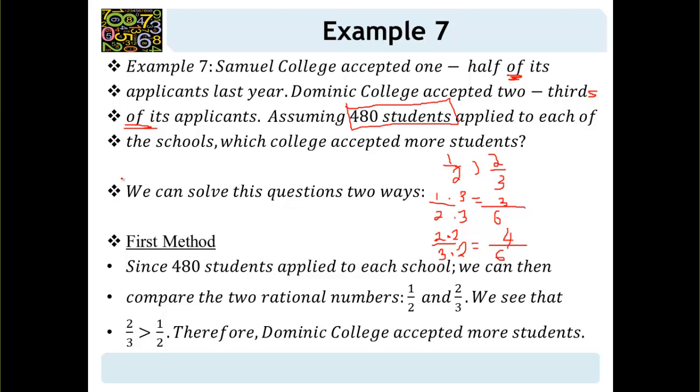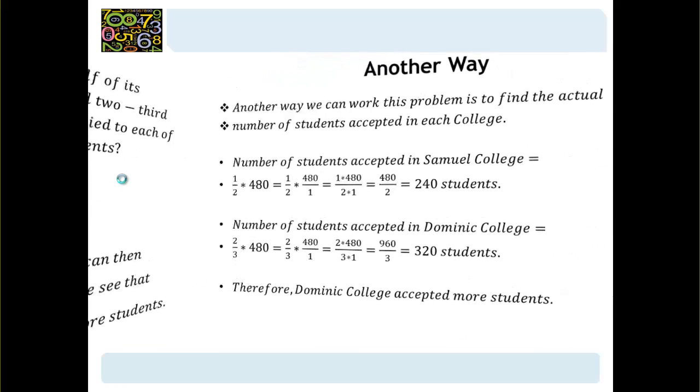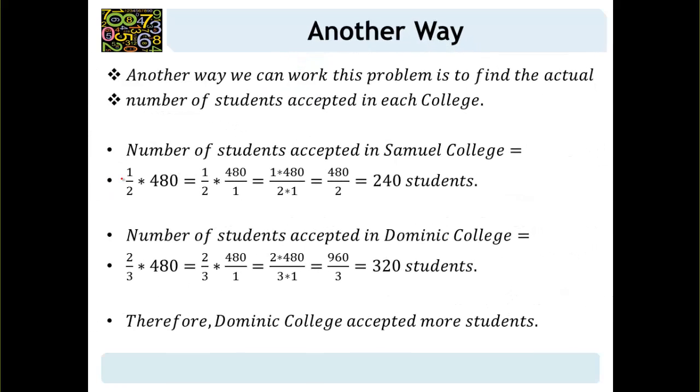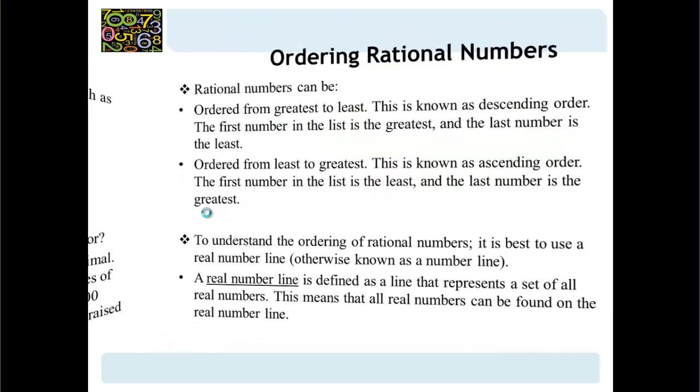So if they have 480 students and Samuel College accepted 1/2 of those applicants, you just do 1/2 times 480, and that gives you 240 students. Then Dominic College accepted 2/3 times 480, and that gives you 320 students. So Dominic College accepted more students. Does it make sense?